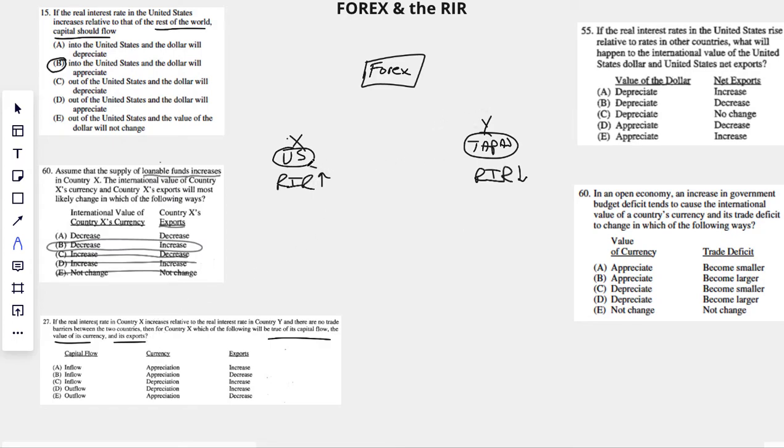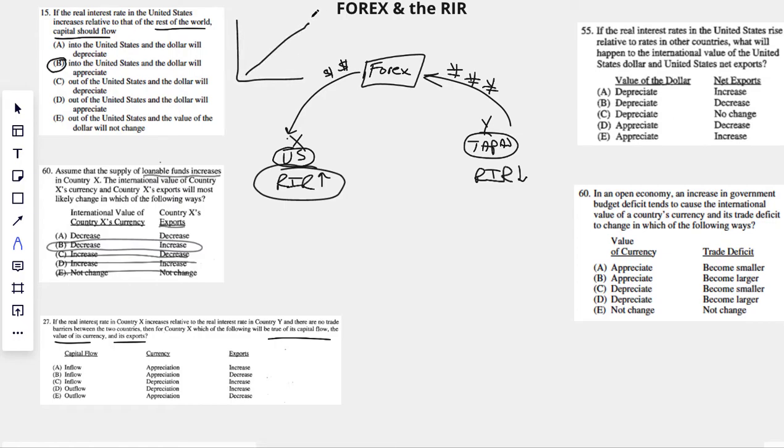We know the ones with the highest real interest rate are going to have money flow to them. So let's just say yen is going to flow out of Japan. It's going to flow into the U.S. They're going to buy U.S. dollars.